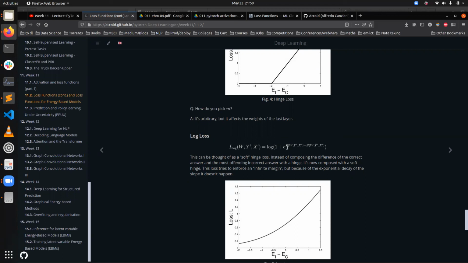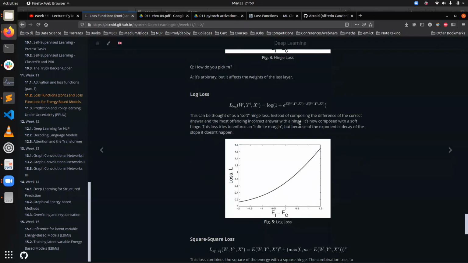It makes sense, right? If this energy is higher than this energy, your loss is high. So it tries to enforce an infinite margin.